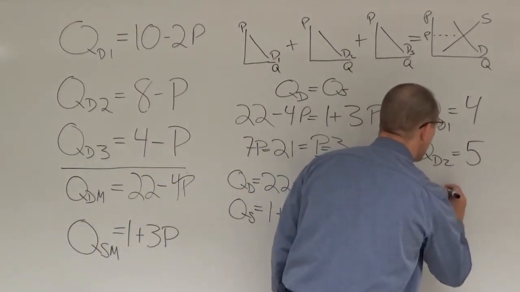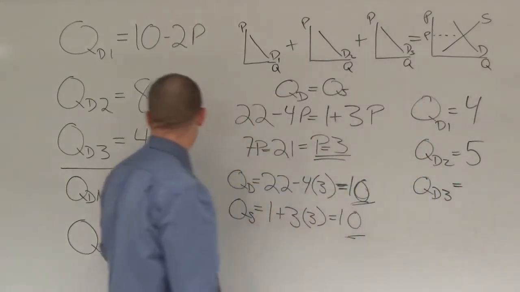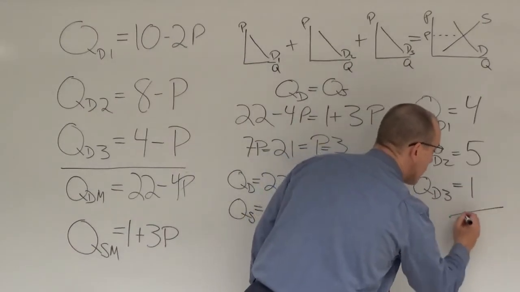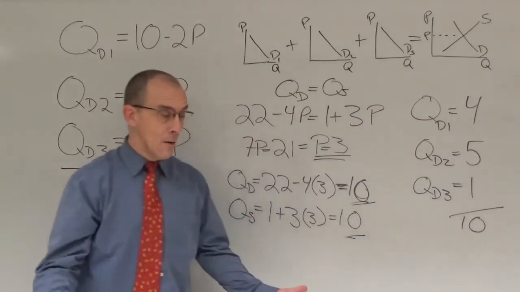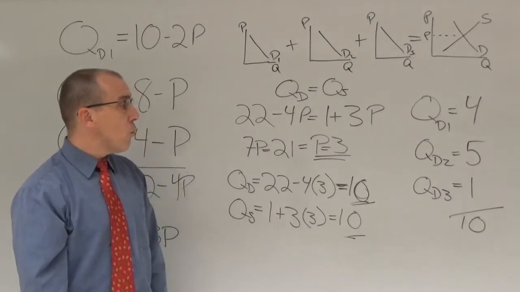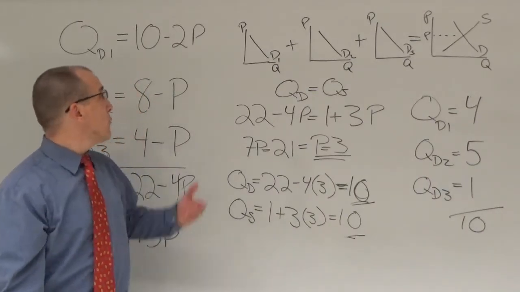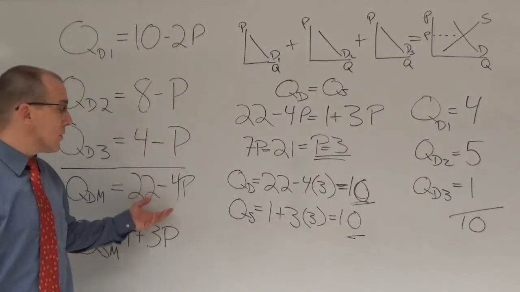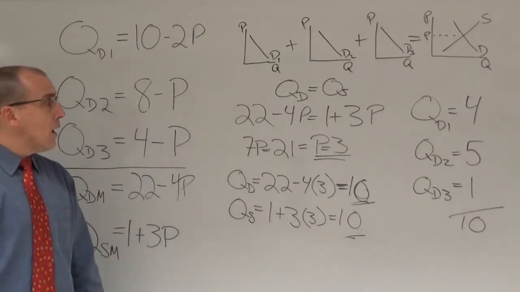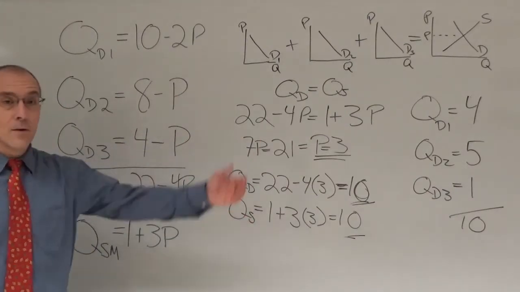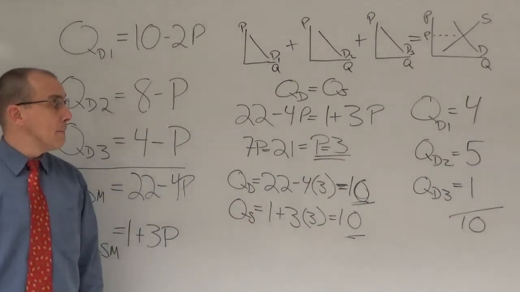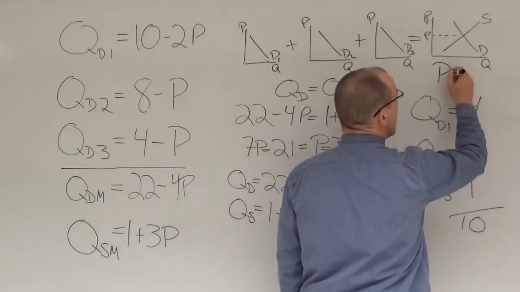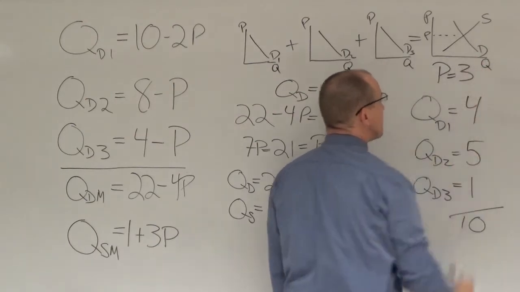And quantity demand for person number 3 is 4 minus 3 is 1, which adds up to 10. That's my market quantity here. So what we can see is that when given three different demand curves, it's quite easy to sum up to the market demand curve, set it equal to my market supply curve, solve it out, and get each particular quantity. So this was at a price of 3.